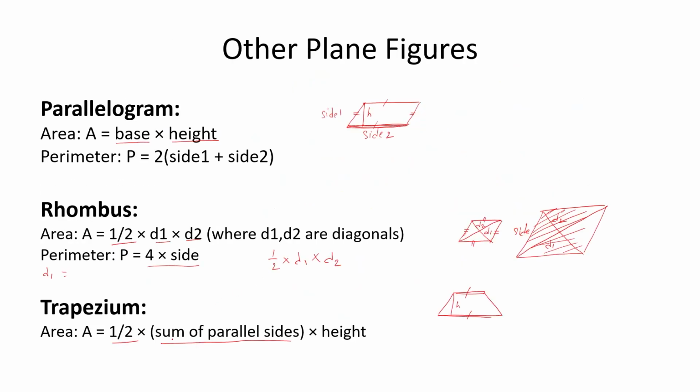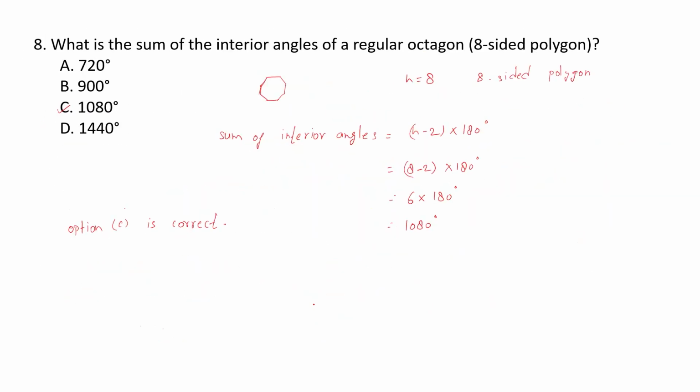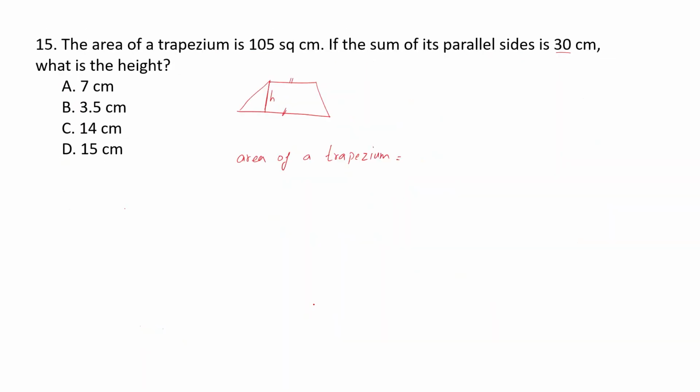Yes, 1 by 2 into sum of parallel sides into h, where h is height. Area was given, so area is 105. 1 by 2, the sum is also given, that is 30. H you have to compute. Here, it is equal to.